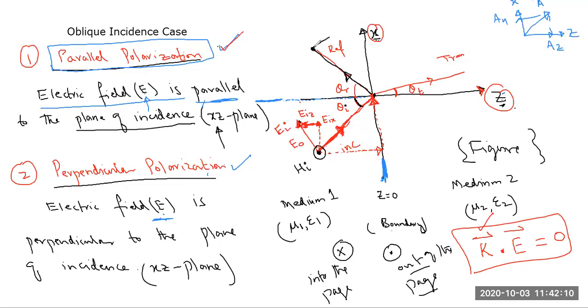Let's say this is the electric field, E_r. What will be the direction of the magnetic field? The magnetic field will now be into the page, so I will represent it by the cross notation.